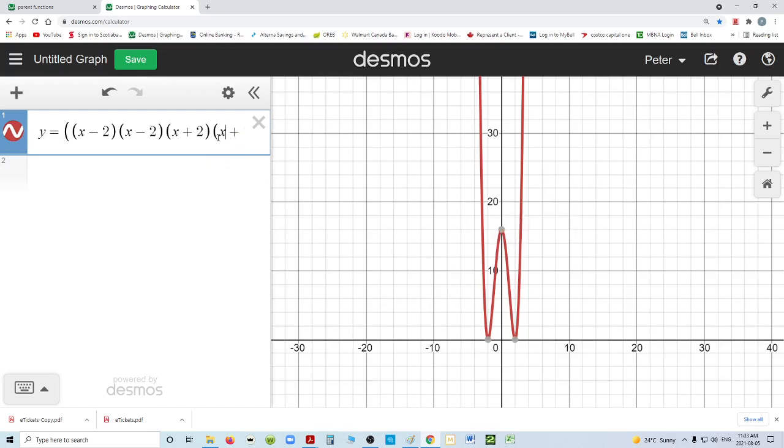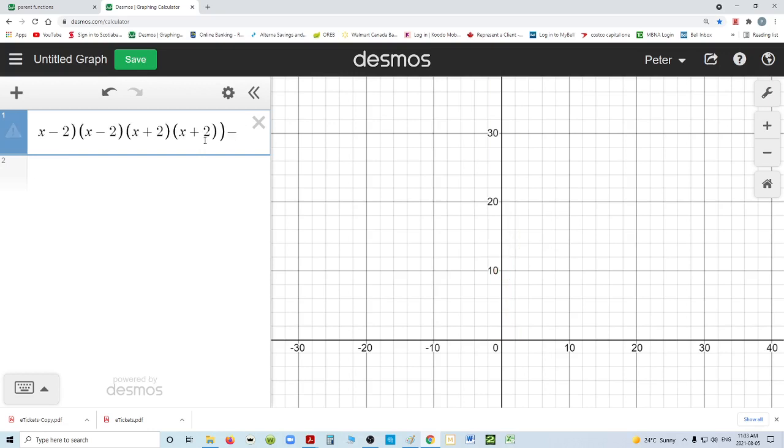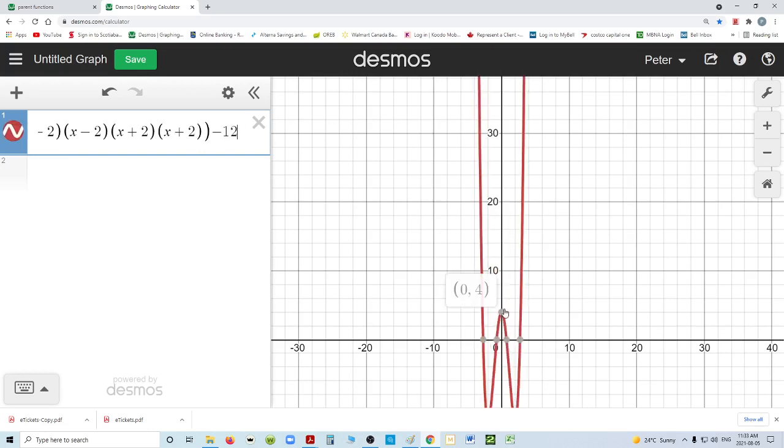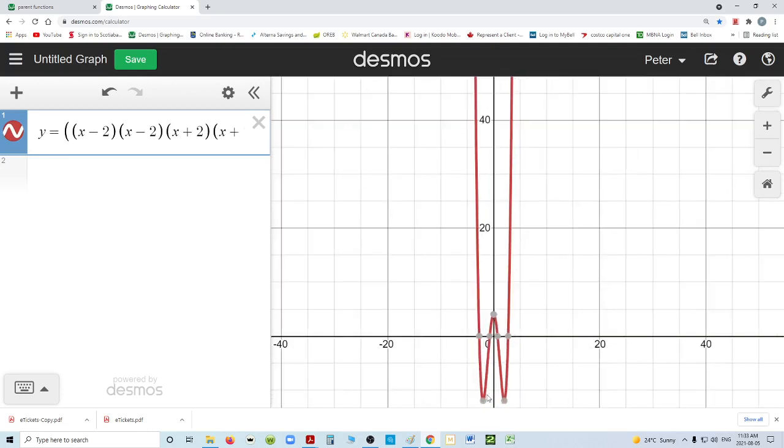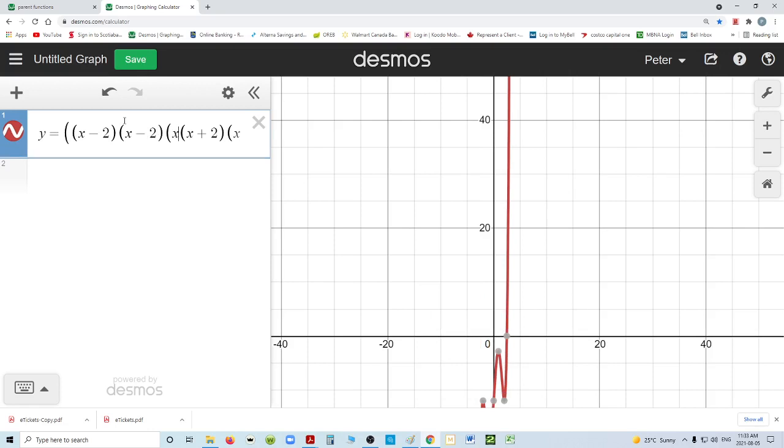But it still works now if I lower the whole thing by 12. So now I get 0, 4. My thing is decreasing from negative infinity to negative 2. It's increasing from 2 to negative 12. And I'm at 0, 4. You can also have that with a to the power 6.